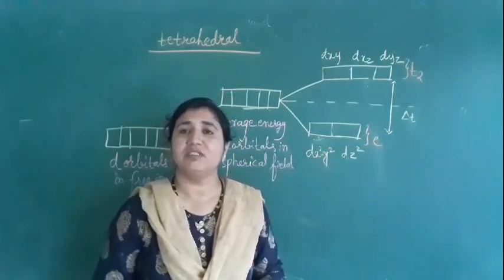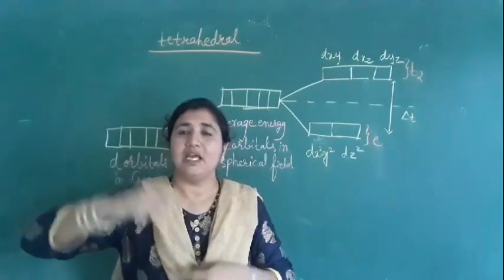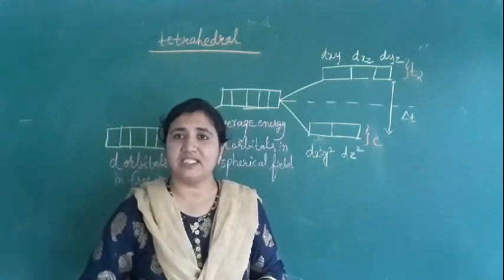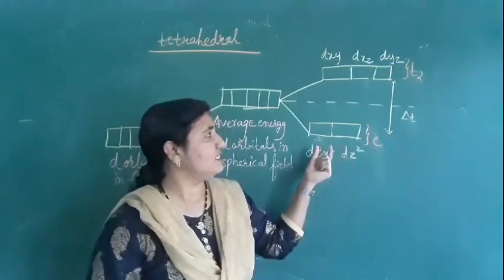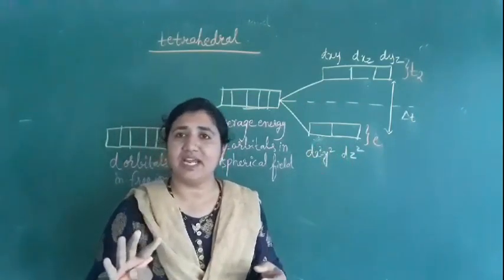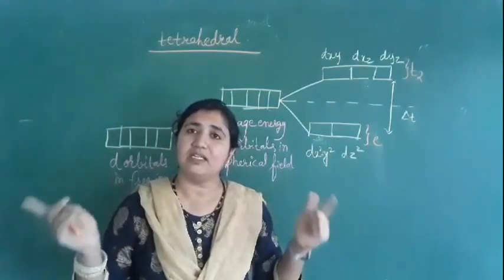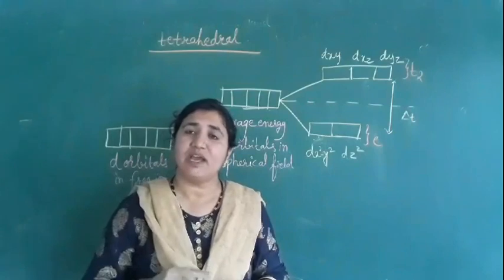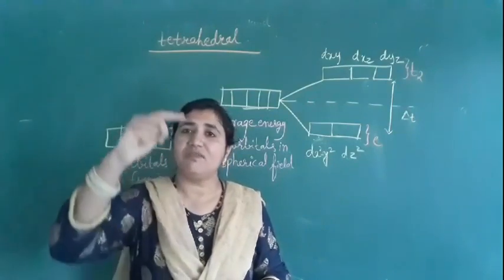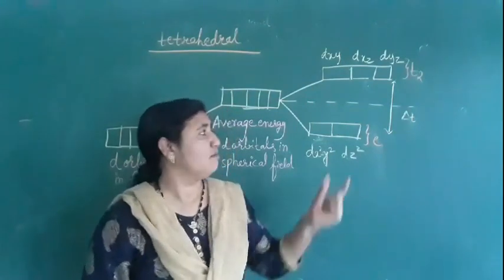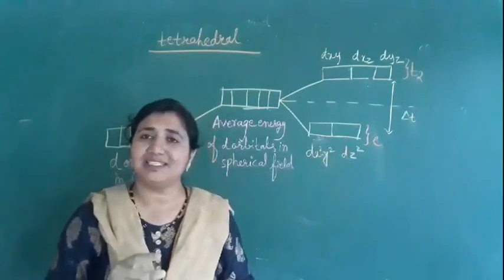Why? Because the magnitude of splitting depends on the number of ligands. In tetrahedral we have 4 ligands, and in octahedral we have 6 ligands. So in octahedral the repulsion will be high, that's why the crystal field splitting is also high. But in tetrahedral the splitting is less.